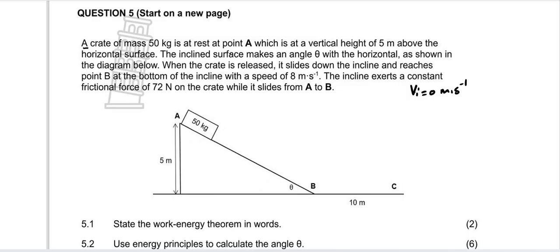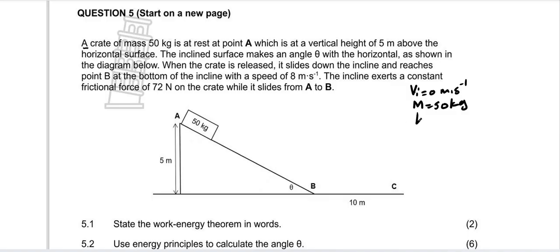So then they say 50 kg, this is our mass. Our mass is 50 kg. The crate of mass 50 kg is at rest at point A, which is at a vertical height of 5 meters above the horizontal surface.